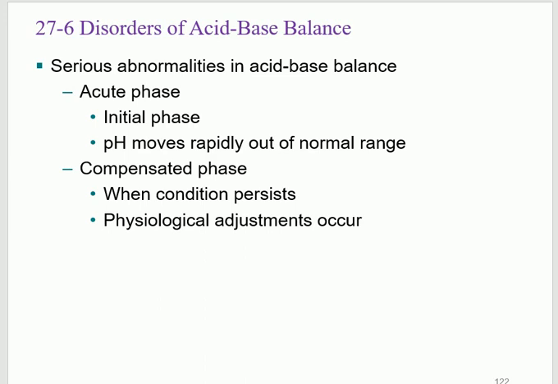What does that mean? In the very beginning, there is a major change that happened. It was 7.35, now it's 7.2. This is acute phase. So acute means you didn't give enough time to your body to work and fix it. It's not fixed yet. Are we following or not?